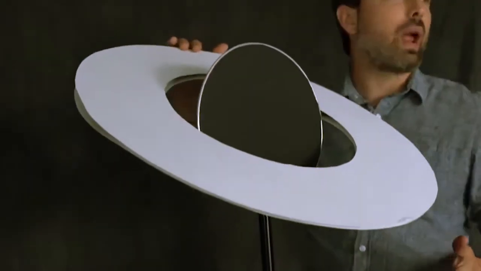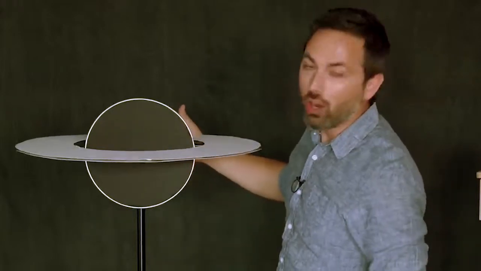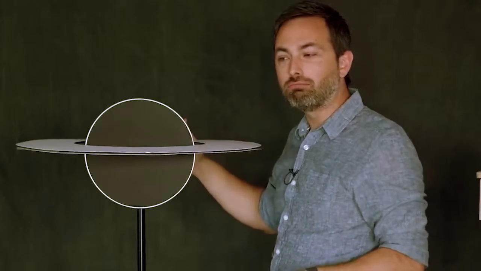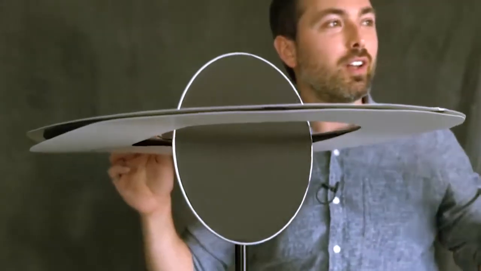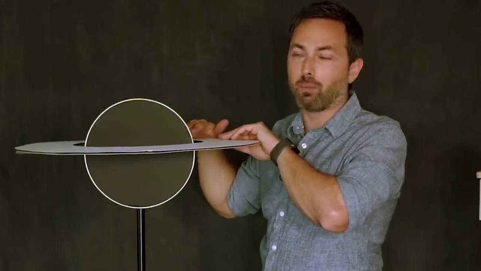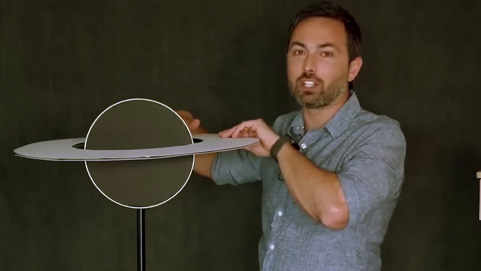But more likely, we will be looking at some sort of random angle to the accretion disk. We may be even looking edge on. And in that case, do we see this shadow of the black hole? You might think that we wouldn't. But the truth is, because of the way the black hole warps space-time and bends light rays, we actually see the back of the accretion disk.